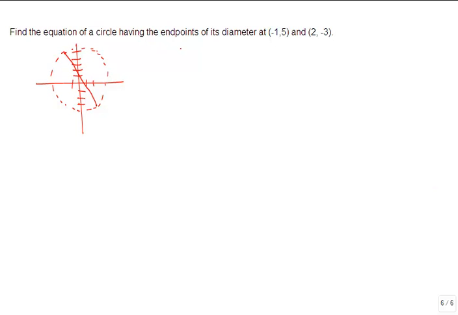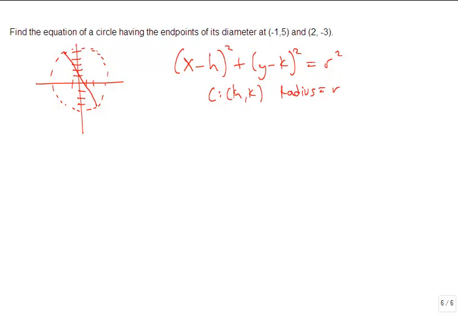So if you remember our standard form, x minus h squared plus y minus k squared equals r squared. In order to know its equation, we need to know its center, which is h comma k, and we need to know its radius, which would be the square root of that constant. So let's start with our center.